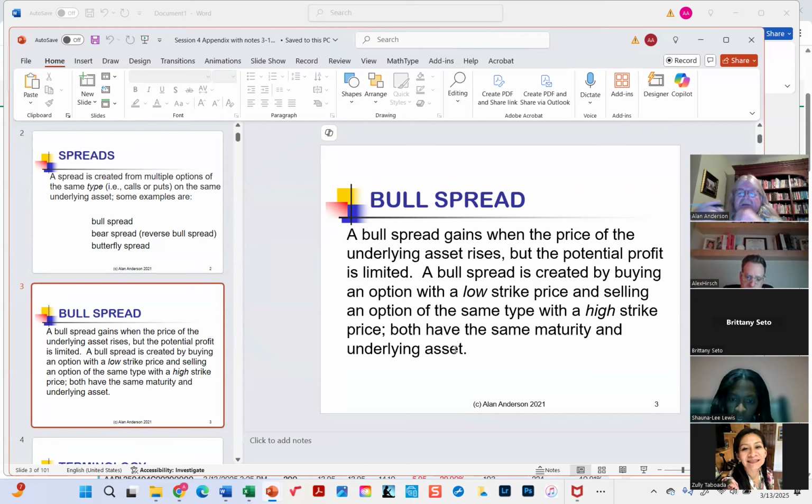So what you're basically doing is you buy an option with a low strike price, and then you sell or write an option with a high strike price. But we have to make sure that they're identical in every other way: they both have the same maturity date and they both are written on the same asset. Otherwise, it's a different kind of strategy.